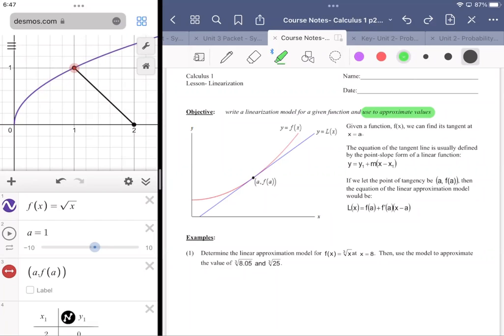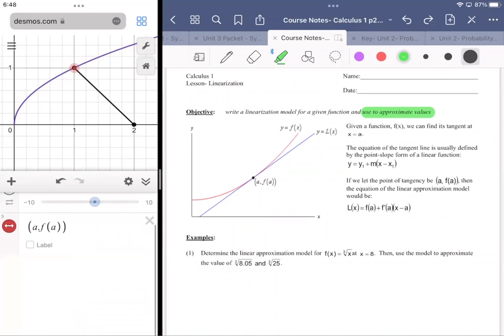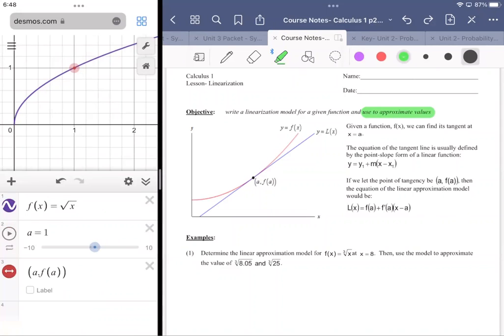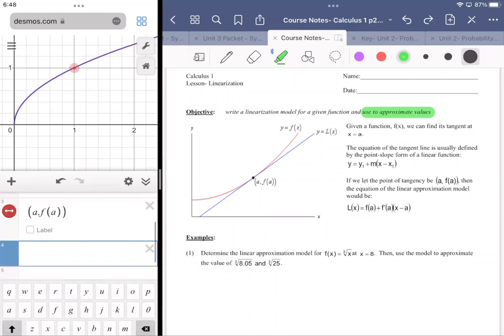All right. So let's say we have a function, and this function is as good as any, with some point x comma y, a comma f of a. I'm going to get rid of this table because I don't need that. What we're going to do is find the derivative at a.